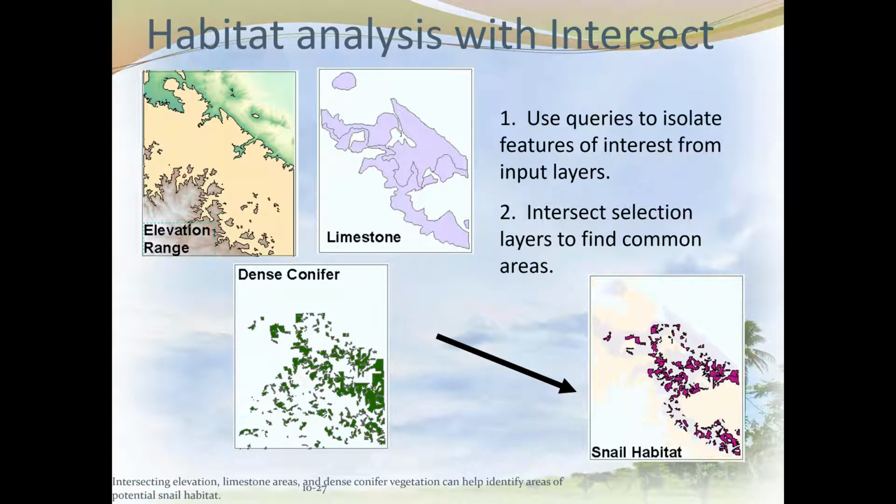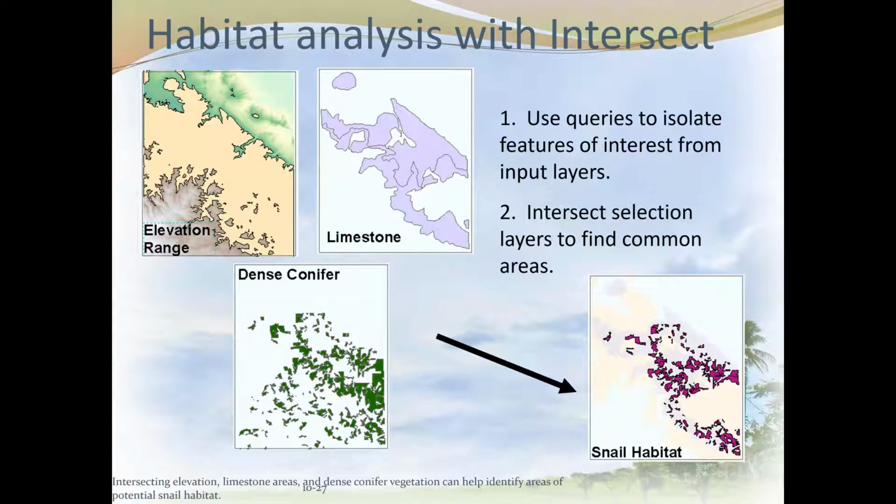Each dataset, elevation, geology, and vegetation, is queried to find the areas meeting the specific condition, and the resulting 3 layers are intersected to find where all 3 conditions hold. And the habitat polygons in the output contain the full attributes of all 3 layers, should that information be needed.